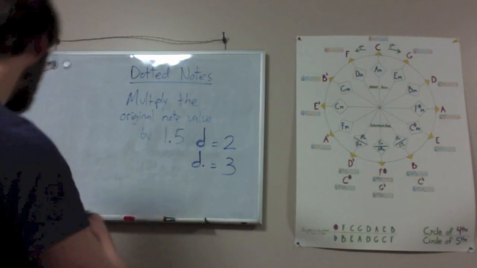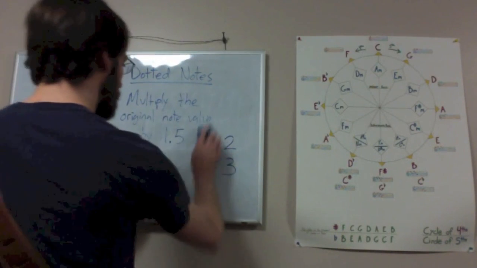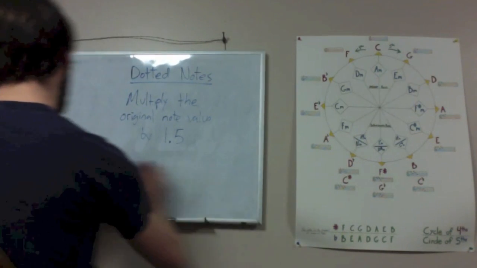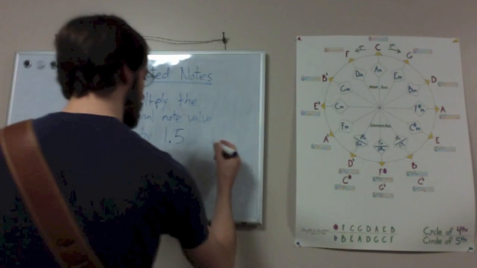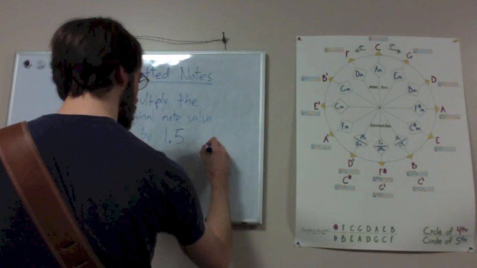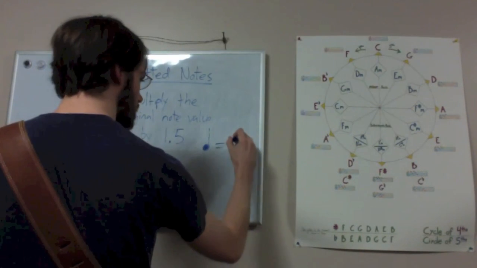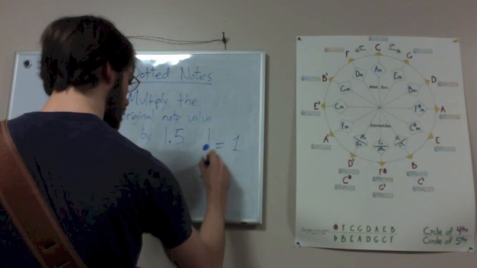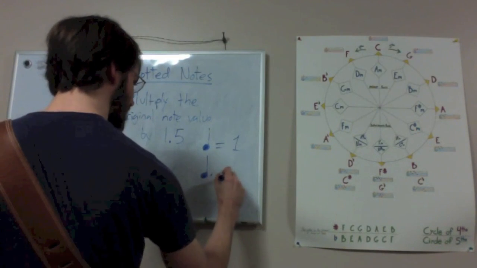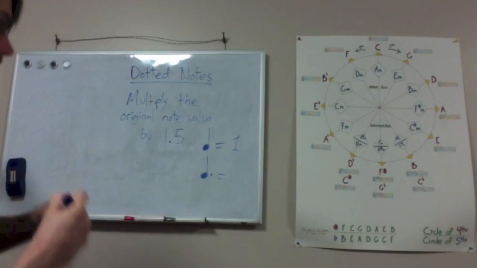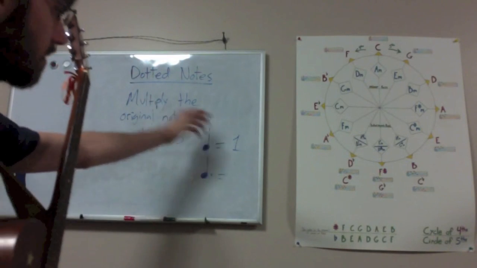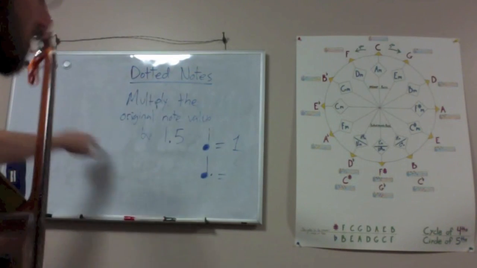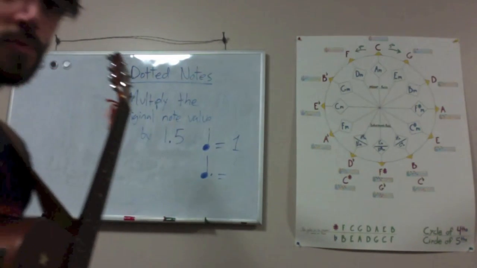Alright, let's do one more. Let's look at the quarter note, which normally takes up 1 beat. If I take that quarter note and I stick a dot onto it, we take the original note value, which is 1, and we multiply it by 1.5.